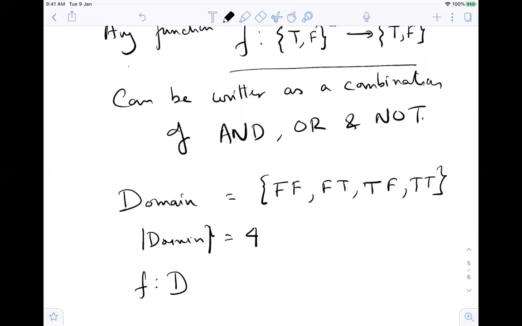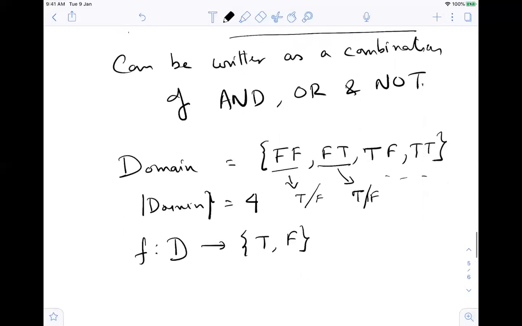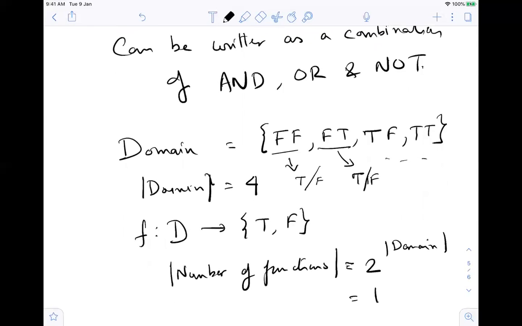It's a function from the domain to true and false. So I can place that this one is mapped to either true or false. This can be mapped to either true or false, and so on. So the total number of functions is 2 to the power of the size of the domain, which in this case comes to 2 to the power 4, that is 16.